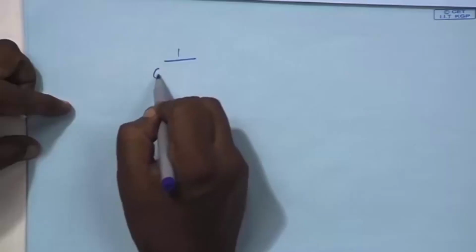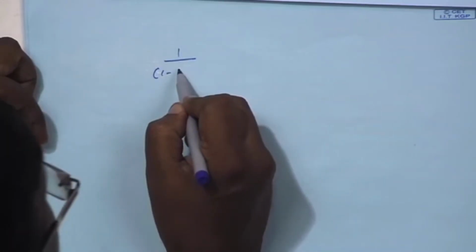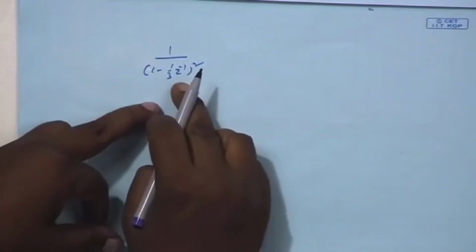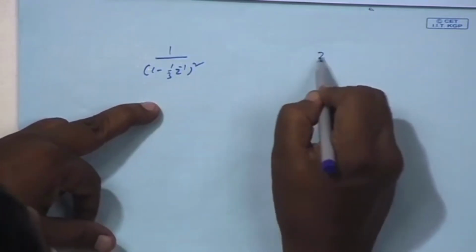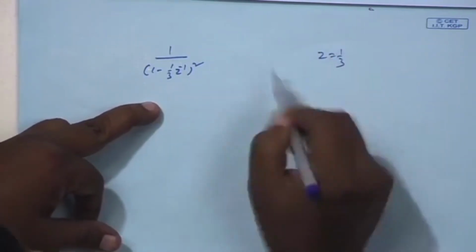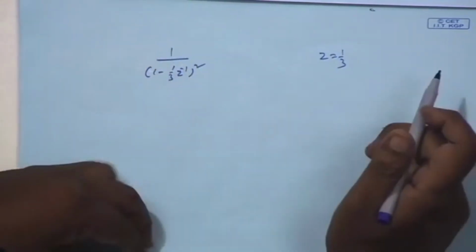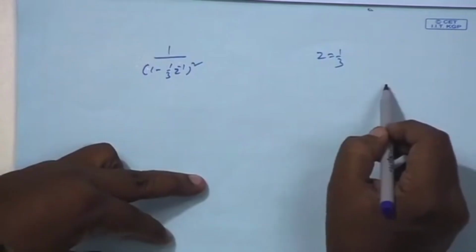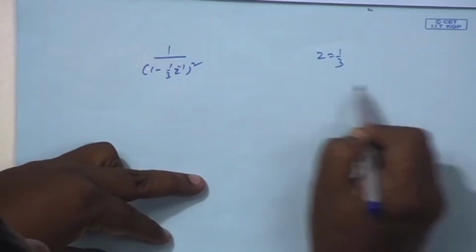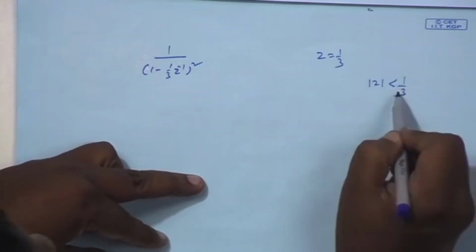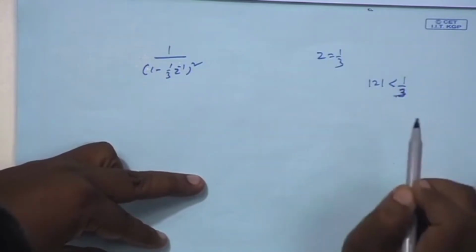If you have an expression like this, obviously this has a second order pole at Z equal to 1 by 3. So, this cannot be part of the ROC of this fraction. So, either mod Z less than 1 by 3 or mod Z greater than 1 by 3.